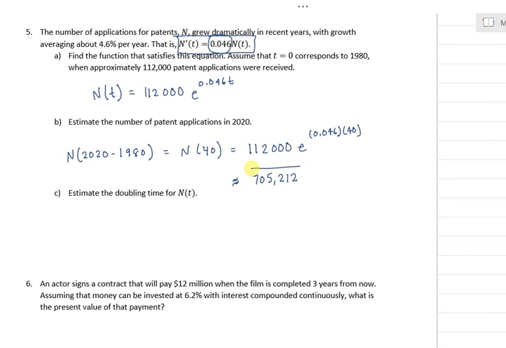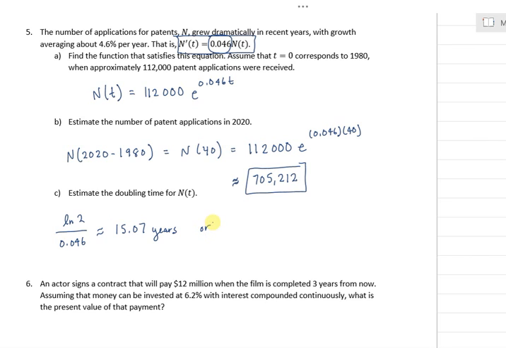Okay. Estimate the doubling time. There's two ways to do this. Well, there's three ways. If you want to really work it out, you can, but the formula for it is natural log of 2 divided by the rate. That is approximately 15.07 years.